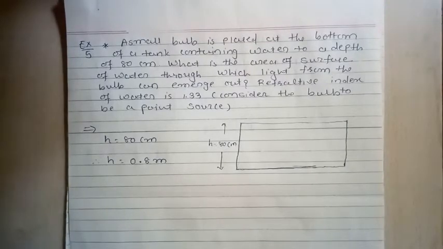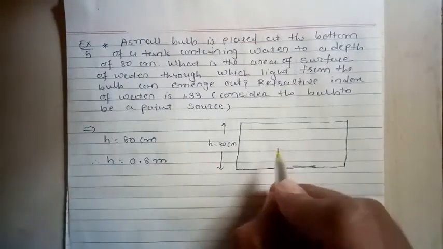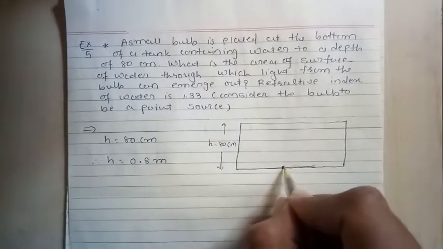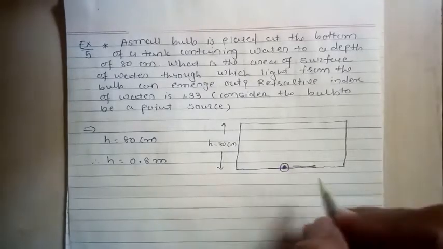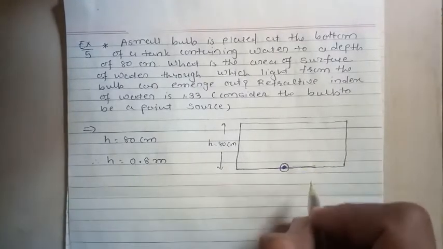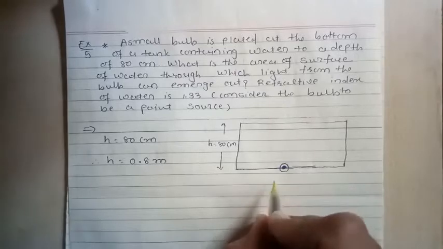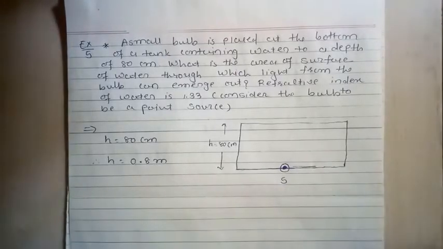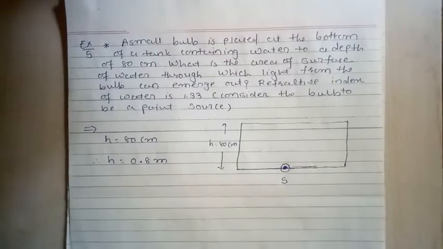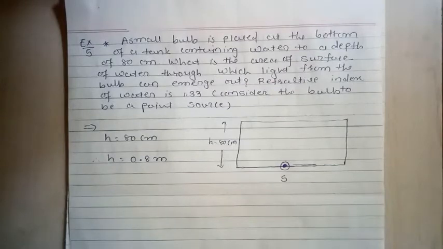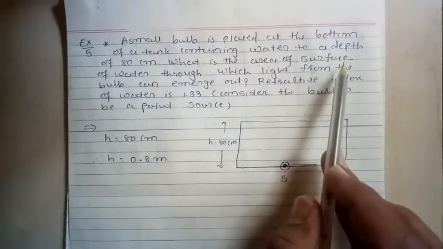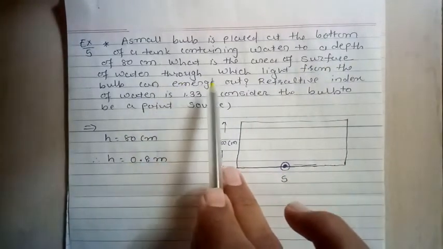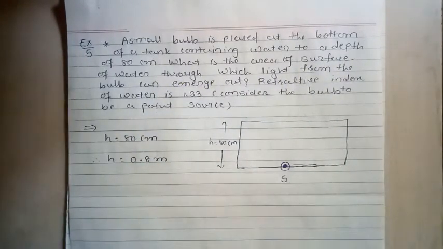Now a small bulb is placed, so you have to consider here a small bulb, which is a source of light, so here we denote this point by S, right? So the question is, what is the area of surface of water through which light from the bulb can emerge out?